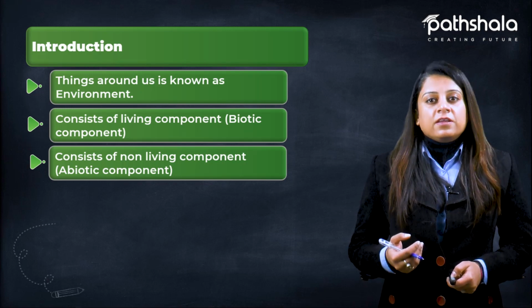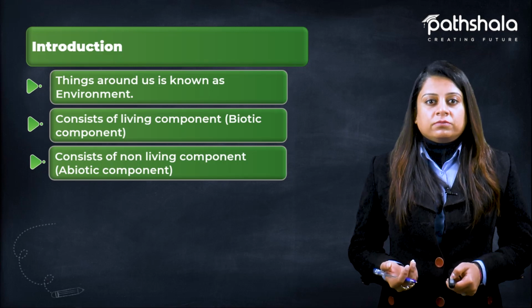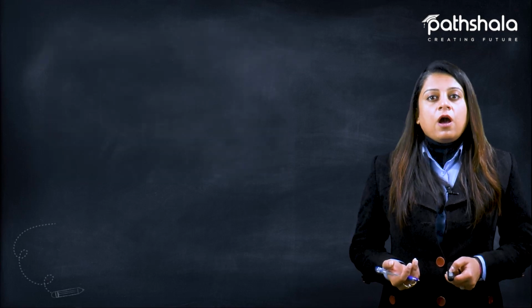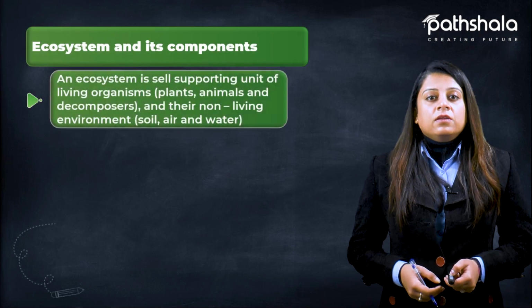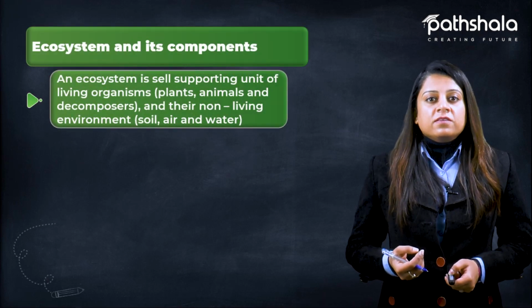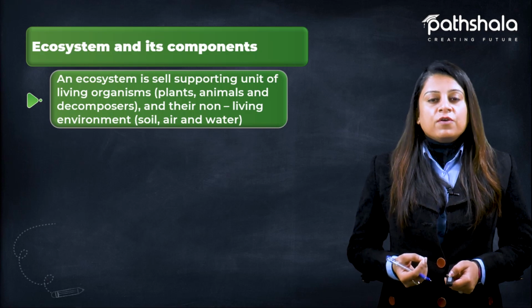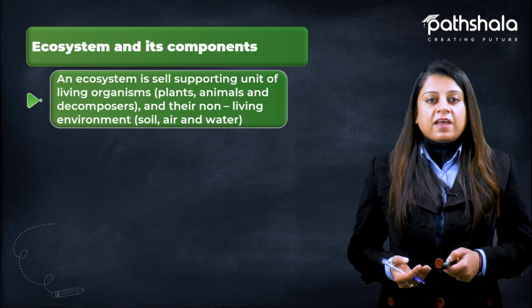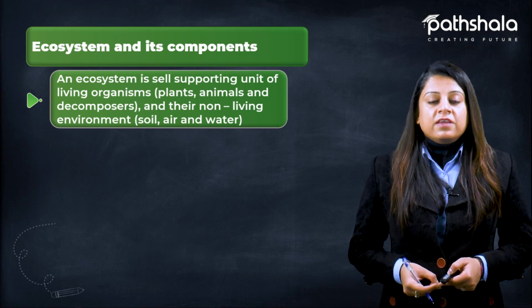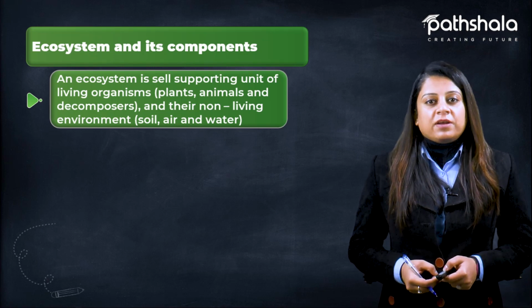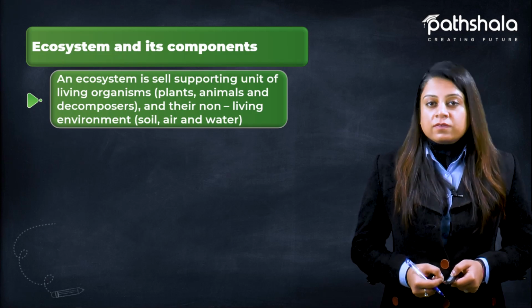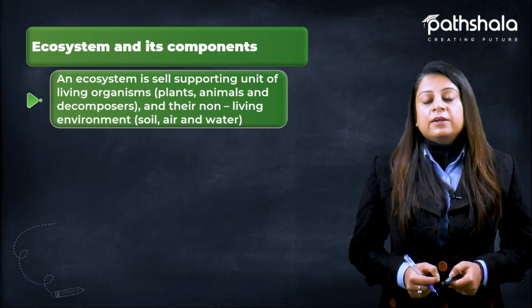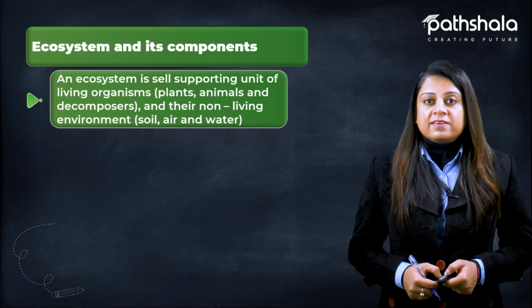Further, let us study about ecosystem. How do we define ecosystem? An ecosystem is a self-supporting unit of living organisms, that is plants, animals and decomposers, and their non-living environment, that is soil, air and water. The term ecosystem was given in 1935 by A.G. Tansley.